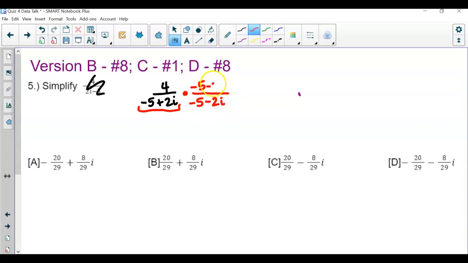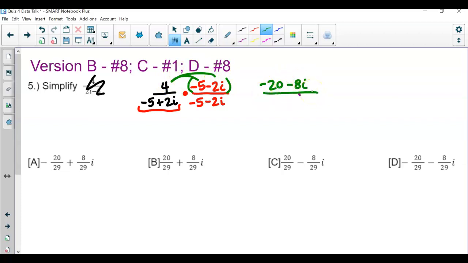So now negative 5 minus 2i. Whatever we do to the bottom, we also do to the top. Now we can solve. I'm going to multiply, distribute that 4 here. 4 times negative 5, negative 20. Then 4 times negative 2i, negative 8i.